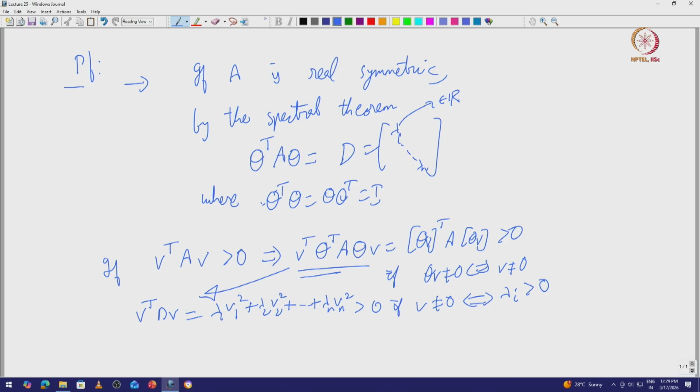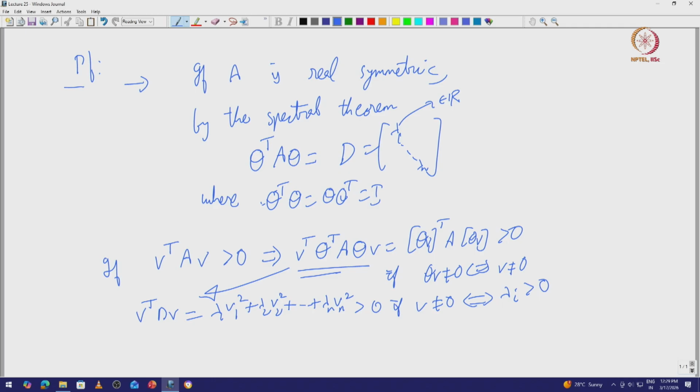Okay. So in other words, if the matrix is positive definite, all the eigenvalues must be positive. Likewise, if the matrix is positive semi-definite, that means if V transpose AV is greater than or equal to 0 for all V, then all the eigenvalues are greater than or equal to 0. By the way, why is that so?